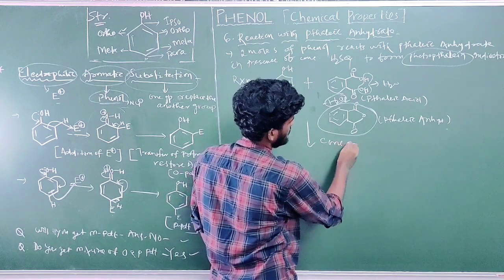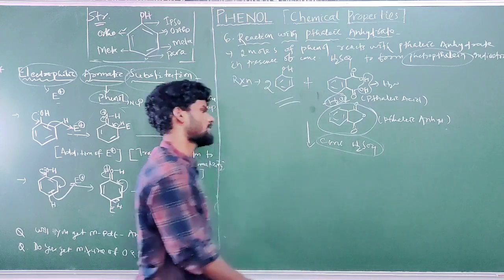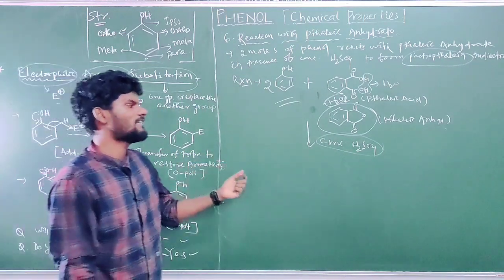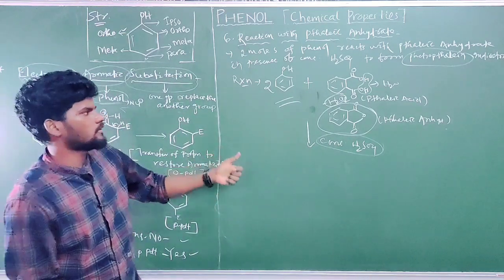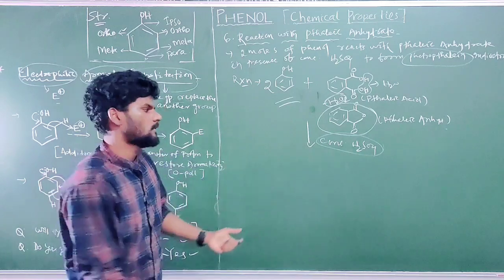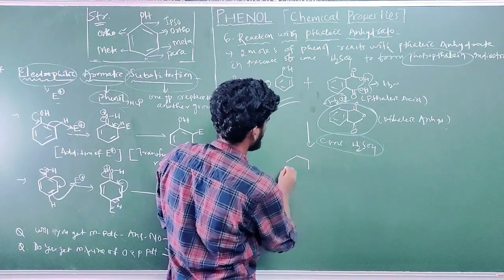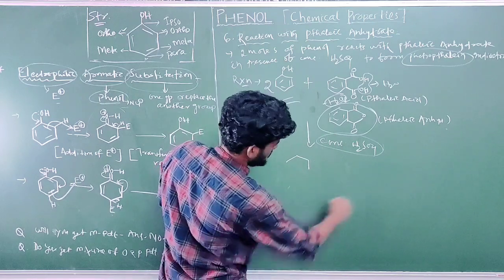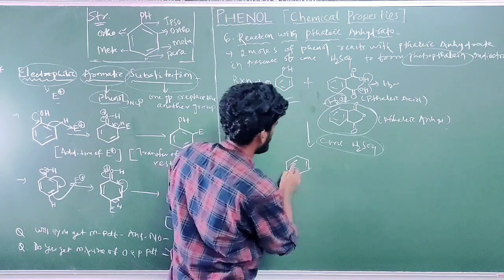So 2 moles of phenol react with phthalic anhydride in the presence of concentrated sulfuric acid, H2SO4. What is the role of concentrated H2SO4? One role is that it is a dehydrating agent, meaning it removes water from the solution. So how does it form the phenolphthalein indicator?